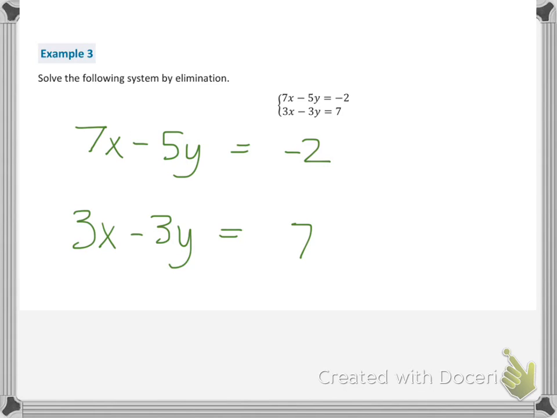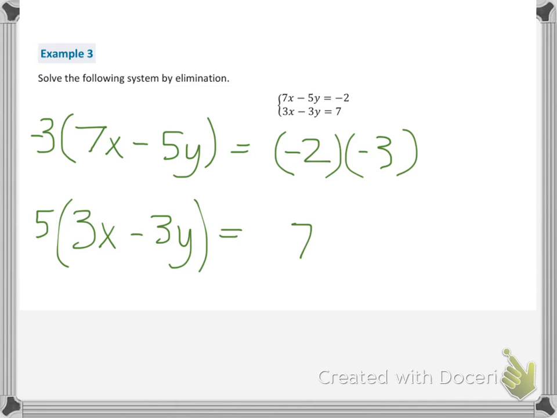So I'm going to multiply the first equation by negative 3, and the second equation I'll just multiply by 5. That way negative 3 times negative 5 will be positive 15, 5 times negative 3 will be negative 15, and that will eliminate those variables.